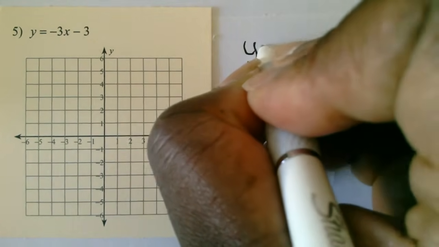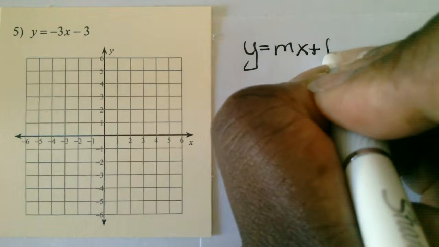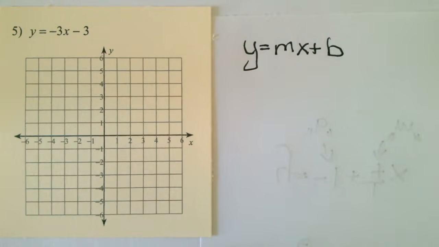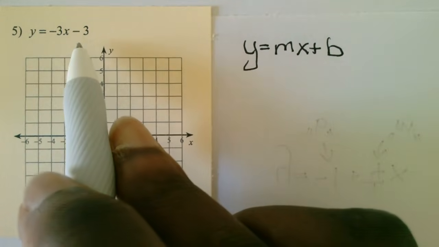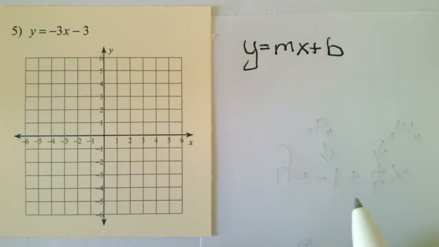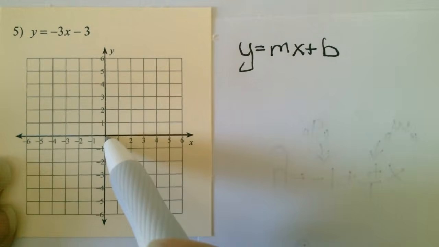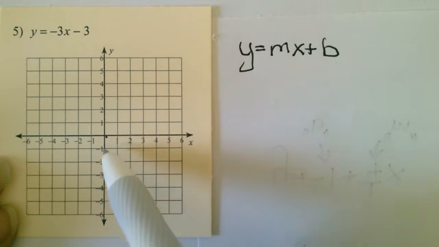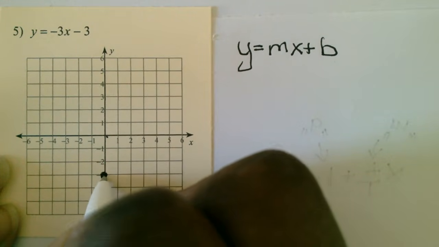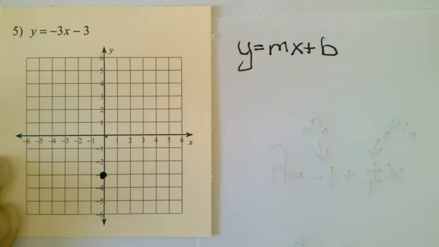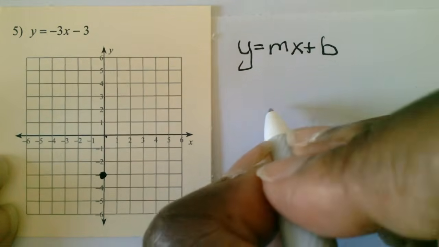So we have our y equals mx plus b. Okay. What's representing my b is my starting point, -3. So I start here at my 0, but I'm going to go down to -3. I'm going to plot a point. That's my starting point. Now my slope is a -3.